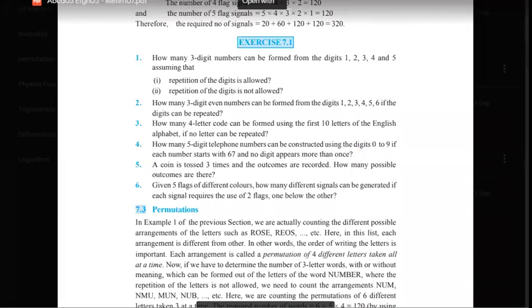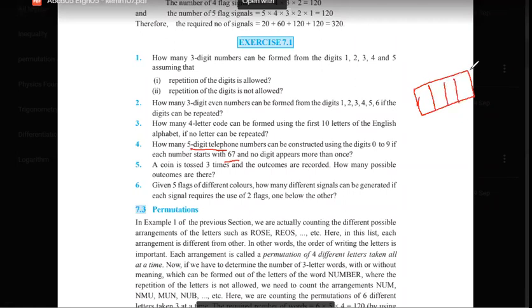Which one, Janvi? Question number 3 you asked? Prahlad, see in the fourth, it is given a 5-digit phone number, and each number starts with 6, 7.